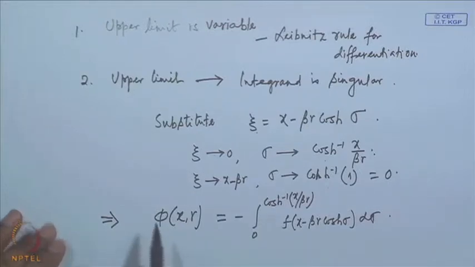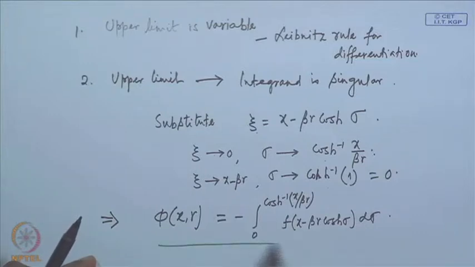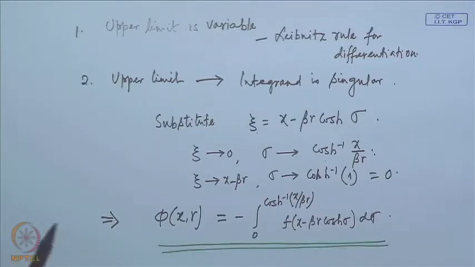So, this is the potential function in the transformed coordinate, and this now we can differentiate.